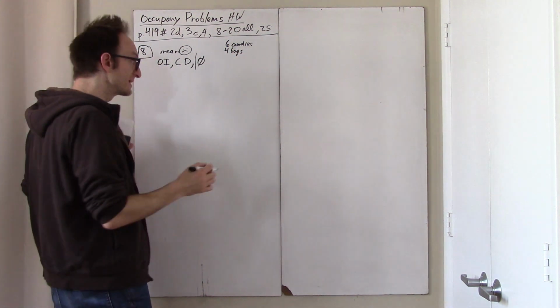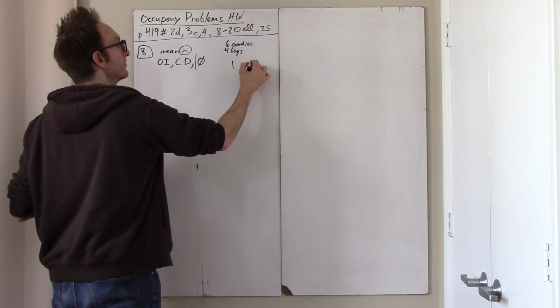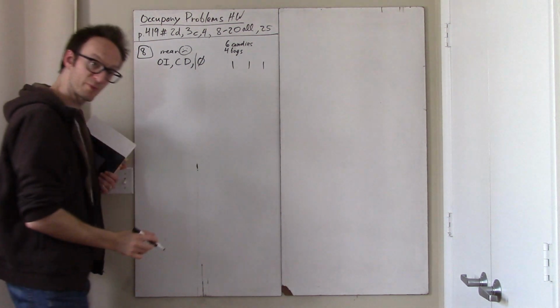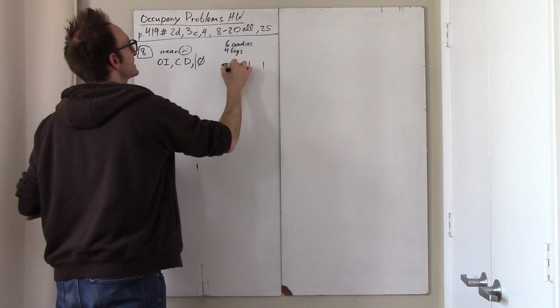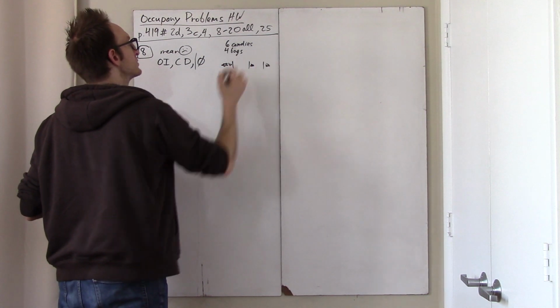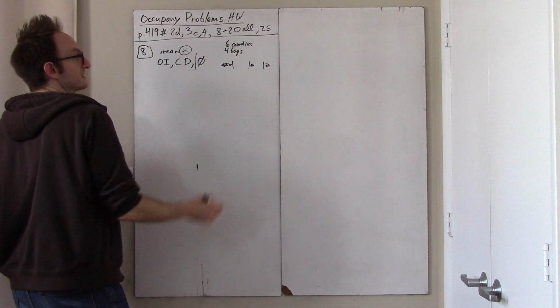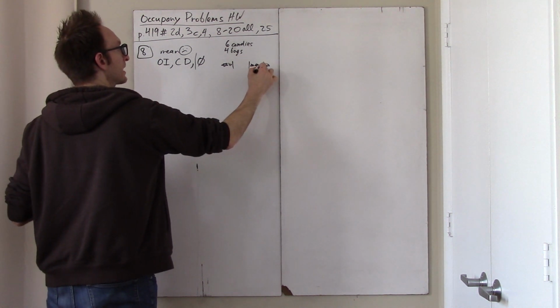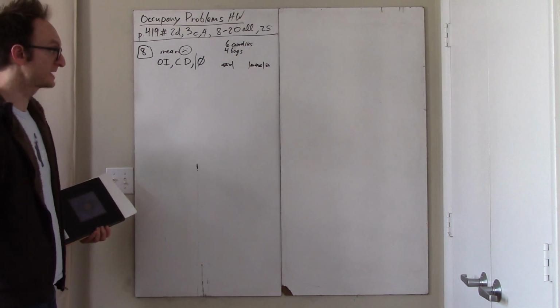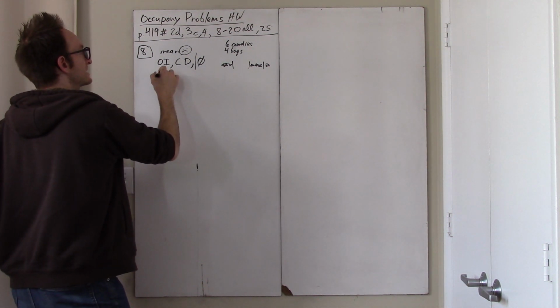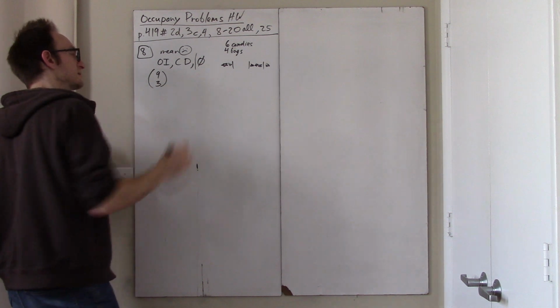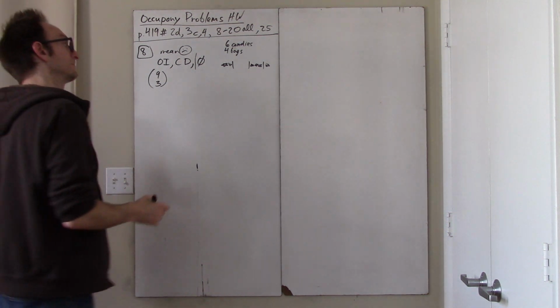I imagine the 4 bags being divided up with 3 vertical lines, and then I just place my 6 candies any which way I want in between. And so that makes a string of length 6 plus 3 equals 9, and so that's 9 choose 3 according to the stars and bars method.